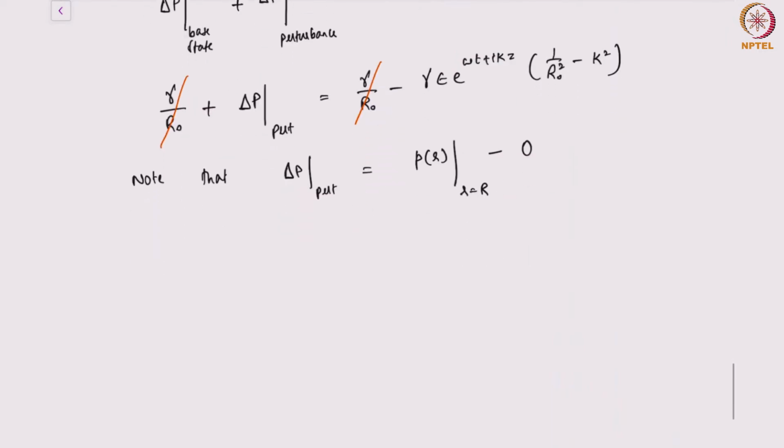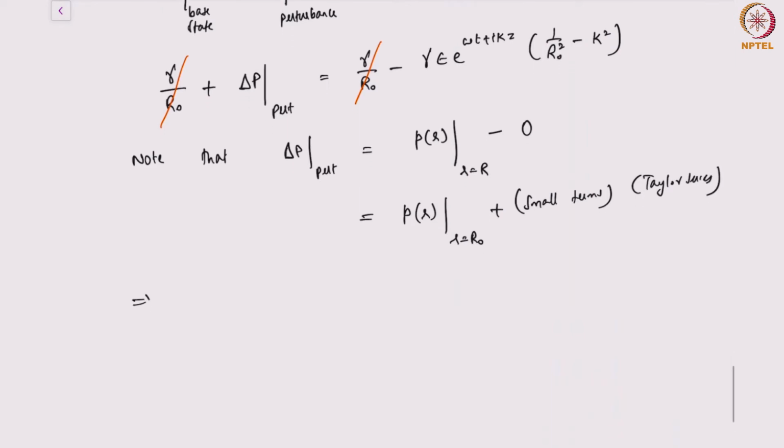And therefore I simply have p of R at R equals capital R. Again, p is the perturbation pressure, that is p at R equals R naught, plus you have the small terms. Small terms again would be the product of epsilon times del P by del R terms. This is again using Taylor series, right?